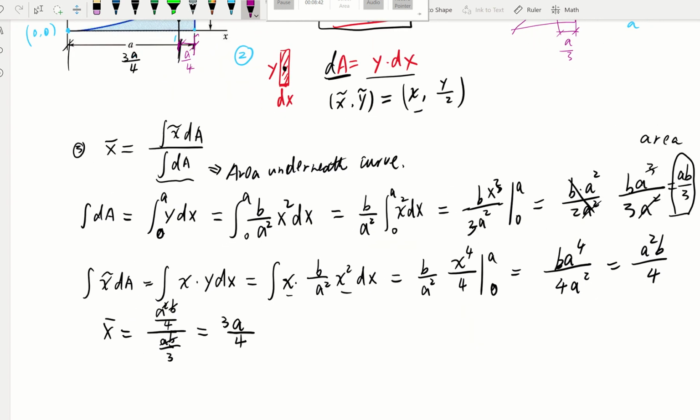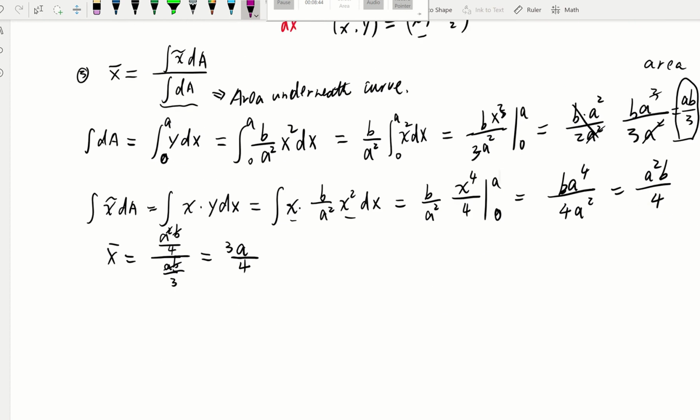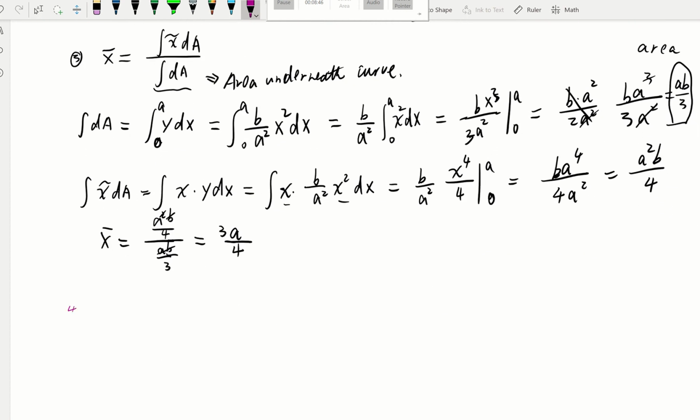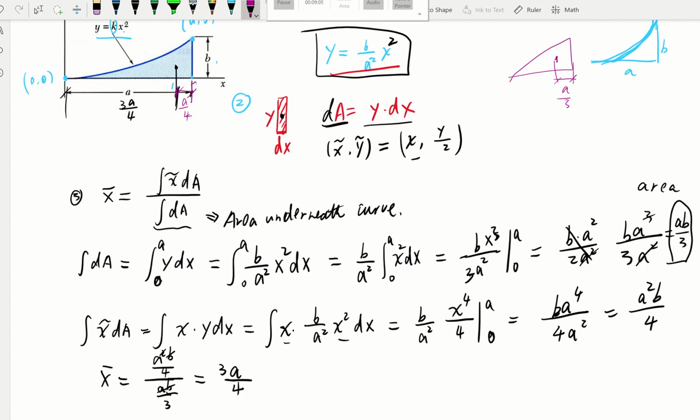Okay, so now let's look at y bar. Our y bar is going to be equal to the same thing as the denominator. It's going to be the area, which we already know. It's ab over 3. Okay? And here I want to shed some light on this.